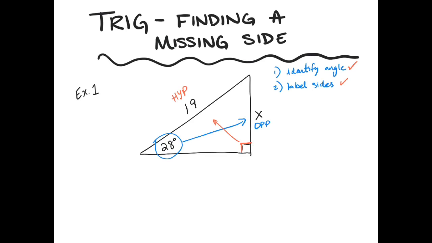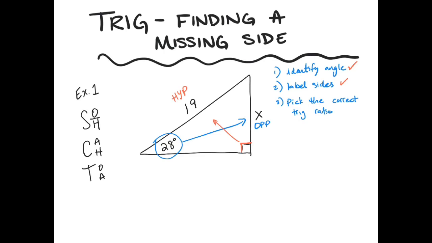So now that I've identified my sides, I can use that to pick the correct trig ratio. I got three choices. Okay? We learned about SOHCAHTOA, which stands for sine, cosine, and tangent.